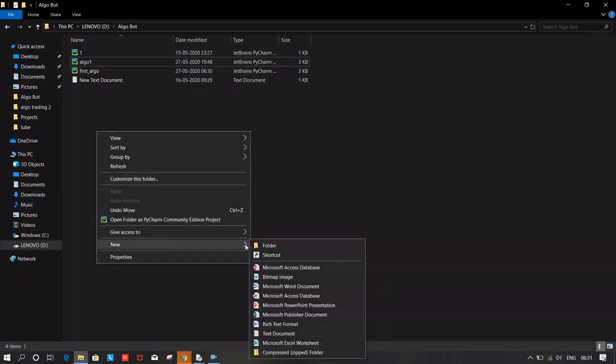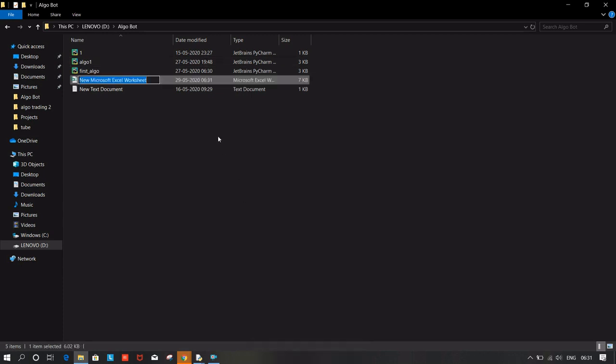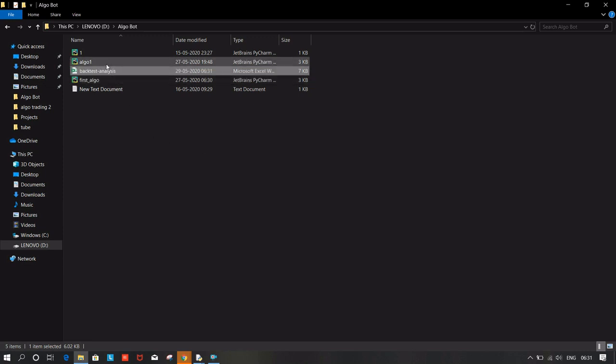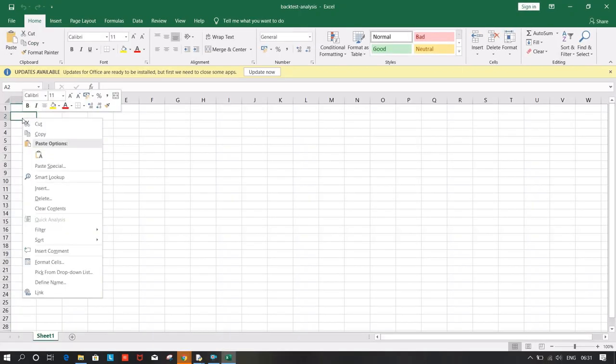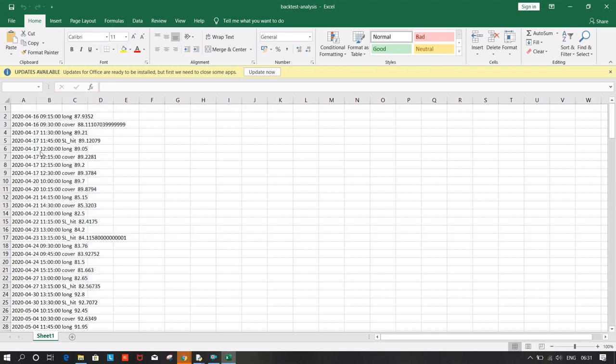So let's make an Excel file, Microsoft Excel. Just copy paste it.